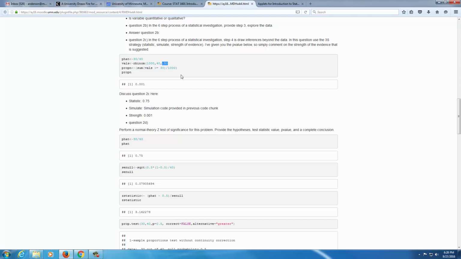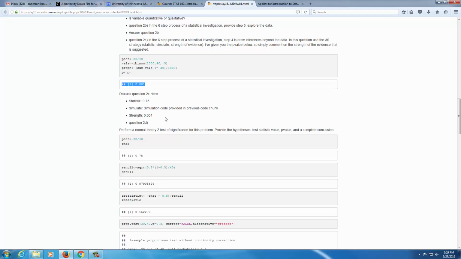And in this particular instance, what we're doing in this next line is just counting up the number of simulations where the monkeys picked 30 or more gestured boxes. And this does not happen very often. It looks like it happened one time out of the 1,000 simulations.